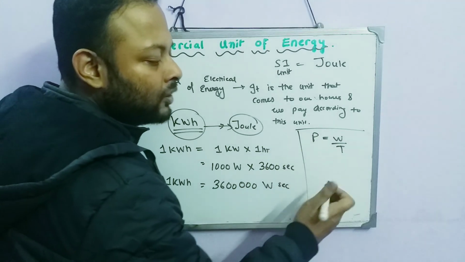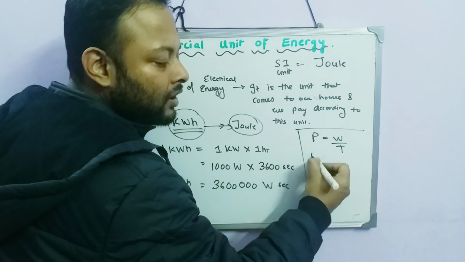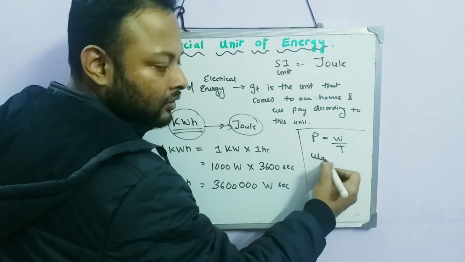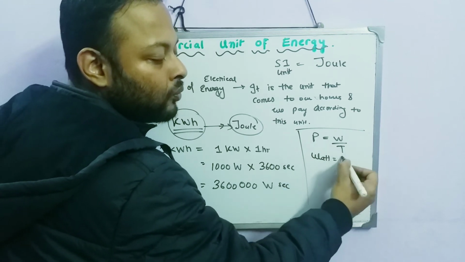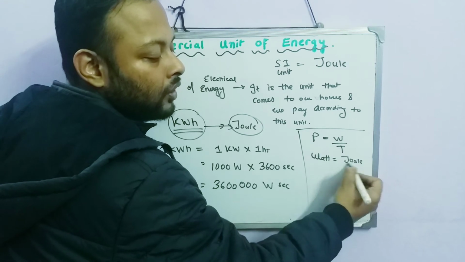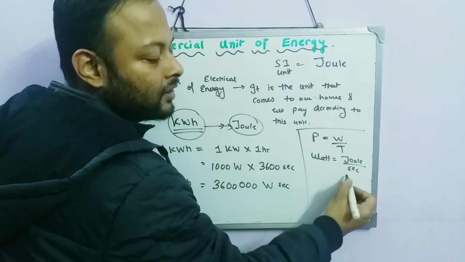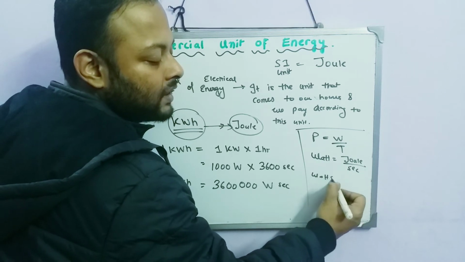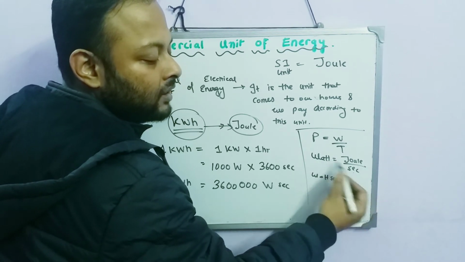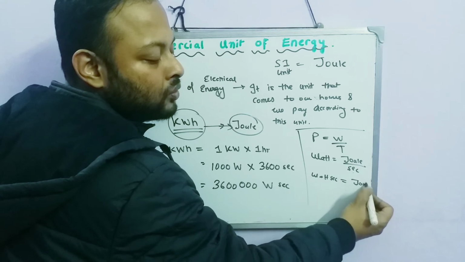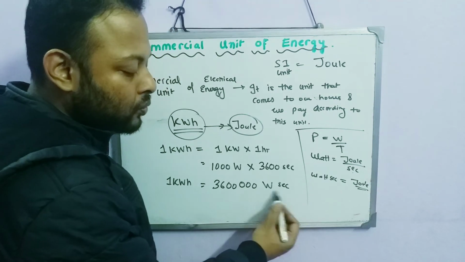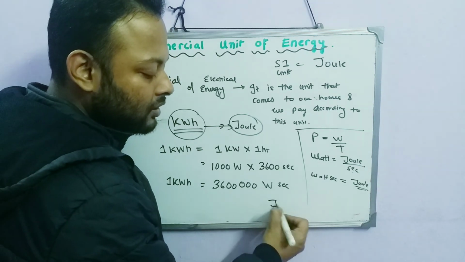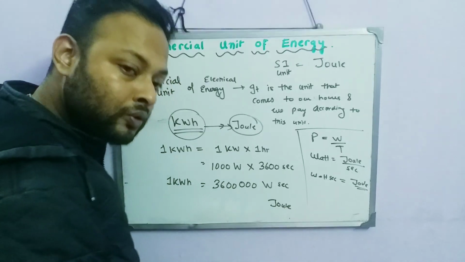The unit of power is watt, the unit of work is joule, and the unit of time is second. Now if I multiply power by time, watt into second, that becomes equal to joule only. So watt second is nothing but joule.